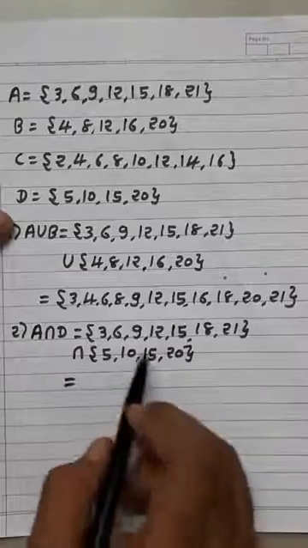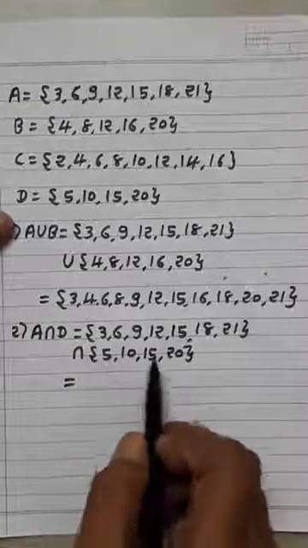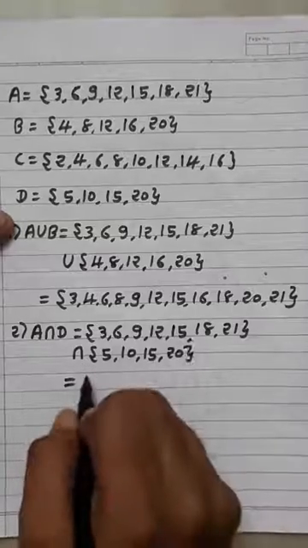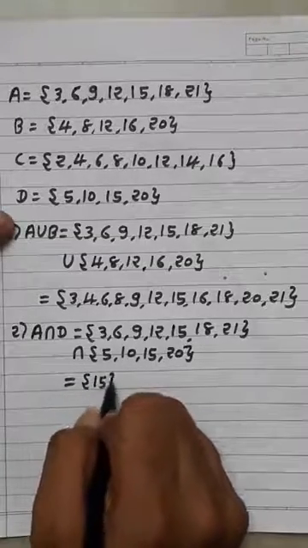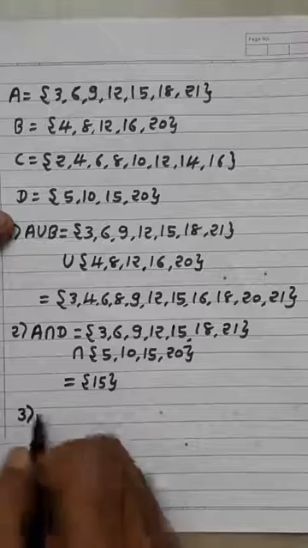So intersection, that means common elements in both these sets. So here the common element is 15. So set of 15.